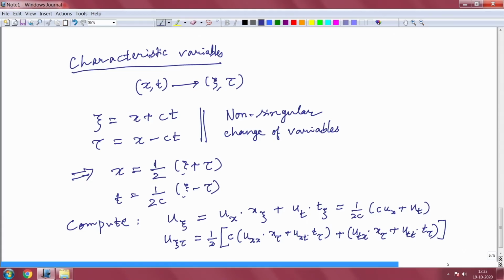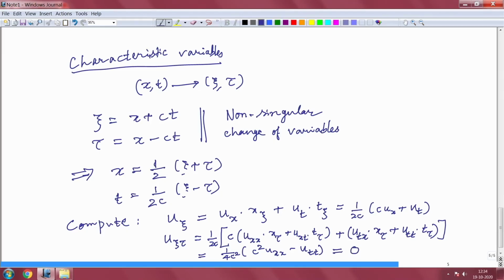So, you finally get 1 by 2c times 1 by 2c, that is 1 by 4c squared. Some terms get cancelled and you can easily verify that, and the result is equal to 0.